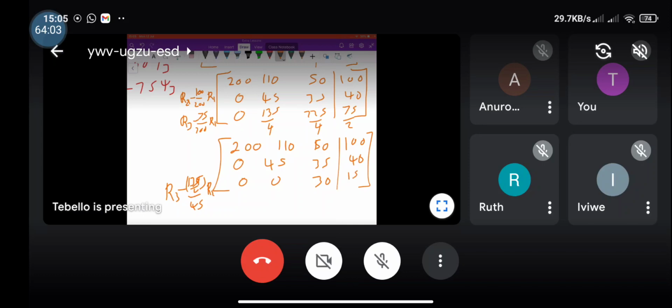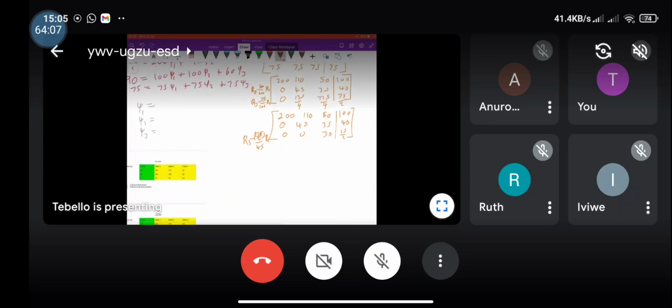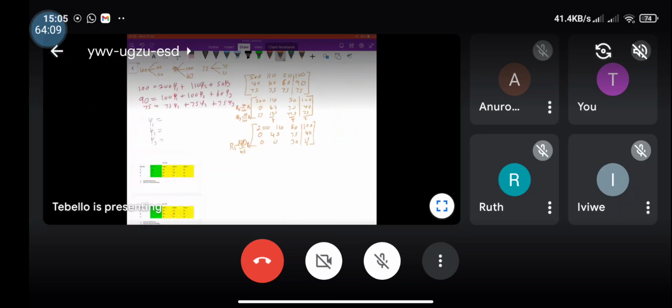So this simply means that for state 3 you have 30, 15 over 2. So this simply means that state 3 is going to be how much? It's going to be 210, right?